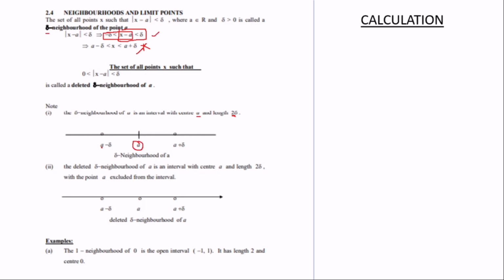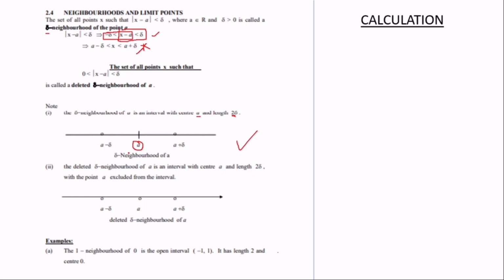Now from this, I'm going to teach you something. Let's do this question, right? They say that the one neighborhood of 0 is an open interval (-1, 1), has a length of 2 and center of 0. Let's solve it. Now, how do you find the length? One neighborhood of 0, look at how this is arranged: the sigma neighborhood of A. Therefore, the 1 represents the sigma and the A represents the what? 0.